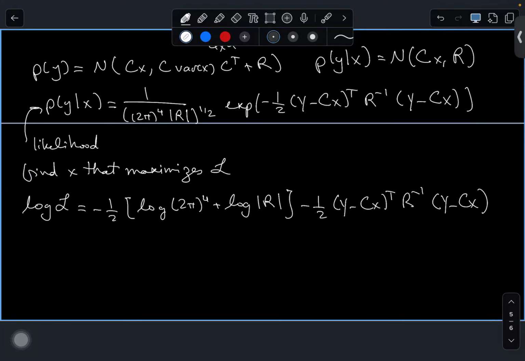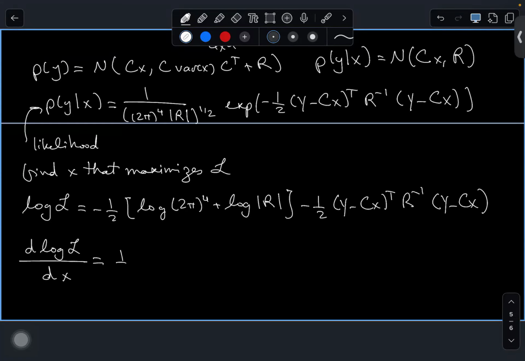Then I want to find the X that maximizes this. So I find the derivative of the log with respect to X. And this term on the right, we've done this before. This is a weighted mean squared. So the weighting is by R minus 1.